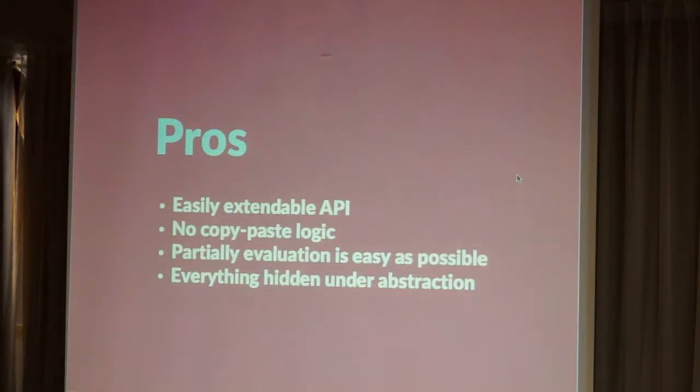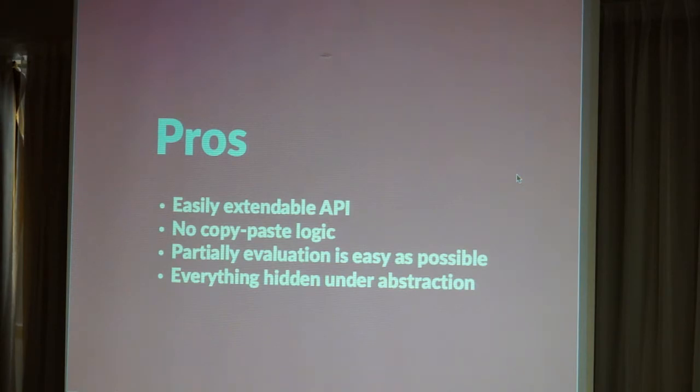So, we reach the point where, first of all, we can easily extend our API. We can add a new variant of action, and after that, what's left is just to handle it in the functor and handle it in our expression. And the best part is that if you forgot to handle it in some of these matching functions, you will get a Scala warning during compilation.